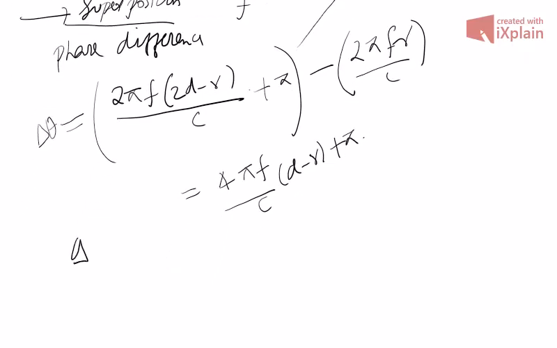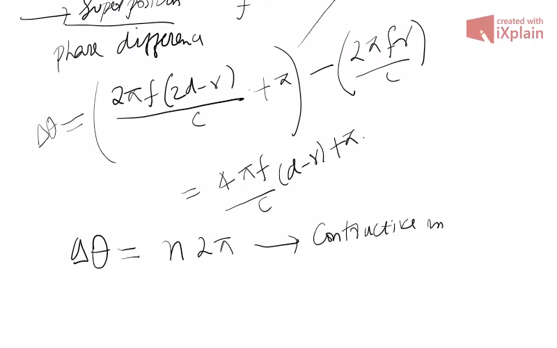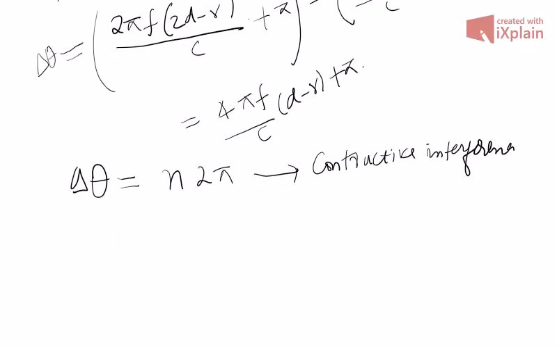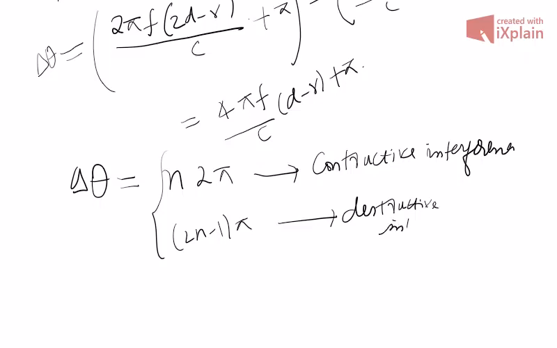We know that if this phase difference is an integer multiple of 2 pi, then constructive interference will happen. Similarly, if it is an odd multiple, suppose (2n minus 1) pi, then destructive interference will happen. Right?